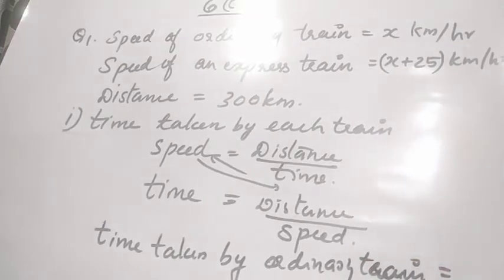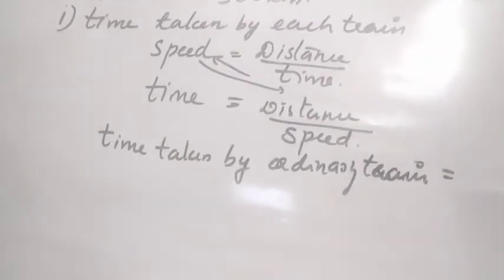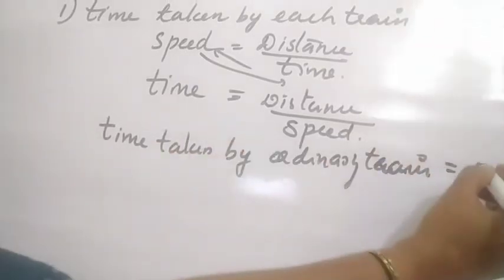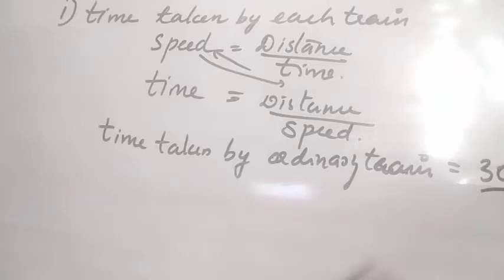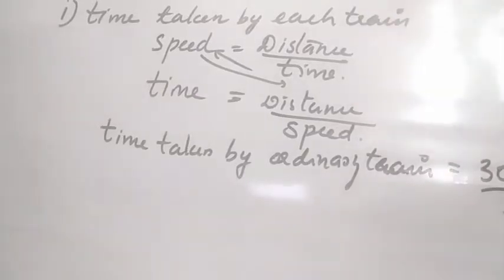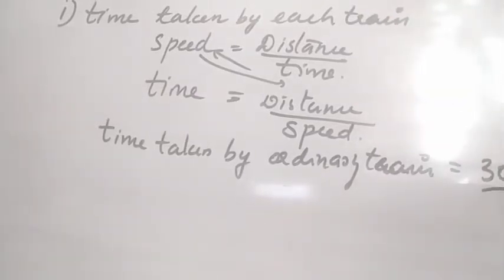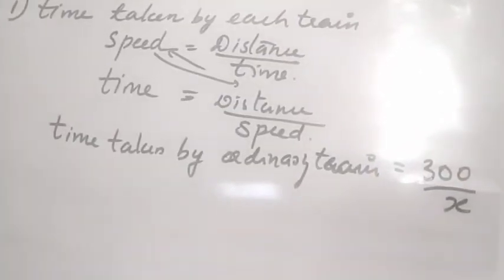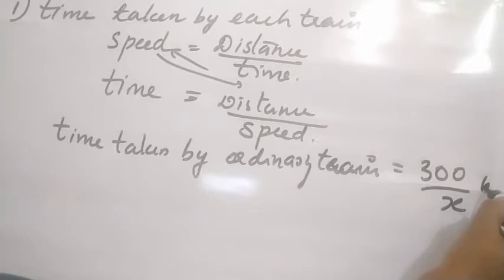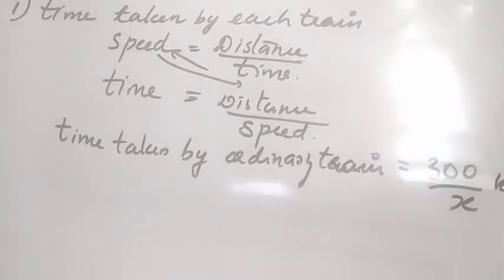Distance travelled by speed of the ordinary train. Distance travelled is 300 and speed of the ordinary train is x. That's why 300 by x hours is the time taken by the ordinary train.